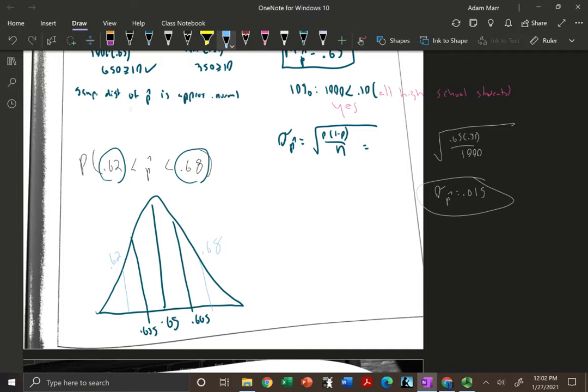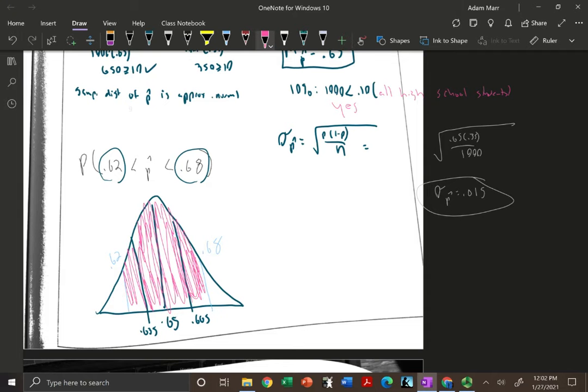So remember, we're trying to figure out within 3 percentage points of the true population proportion. Okay, so let's take a look right here. So we're going to shade that all in.